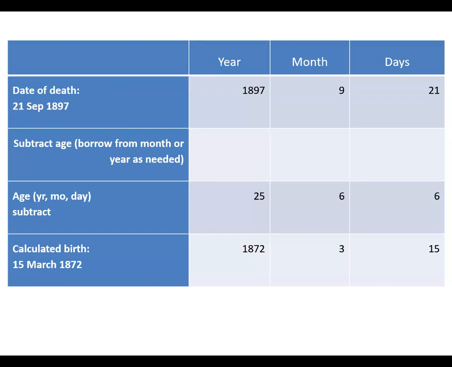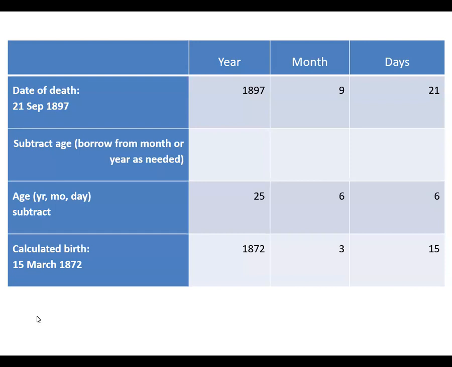So in this example here, the individual died on the 21st of September in 1897. So you go year, number of the month, and then the days of the month. Keeping in mind that if you're back in the Julian calendar, we've got to play around with things with the calculated birth and understanding where we may be falling.